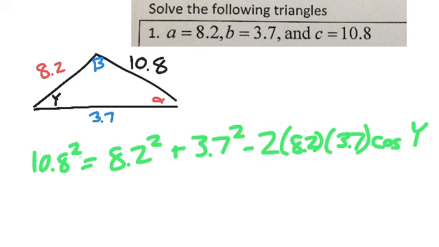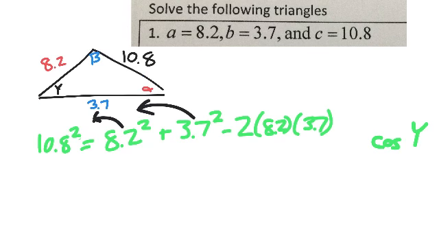Okay, so now we're going to have to solve for gamma, get gamma by itself. So again, I like to do everything before I ever put it in my calculator. I like to put everything in my calculator at one time. So you don't have to do it that way, but for me, I would move both of those over. They would become negative. And then I'm going to divide by negative 2 times 8.2 times 3.7.